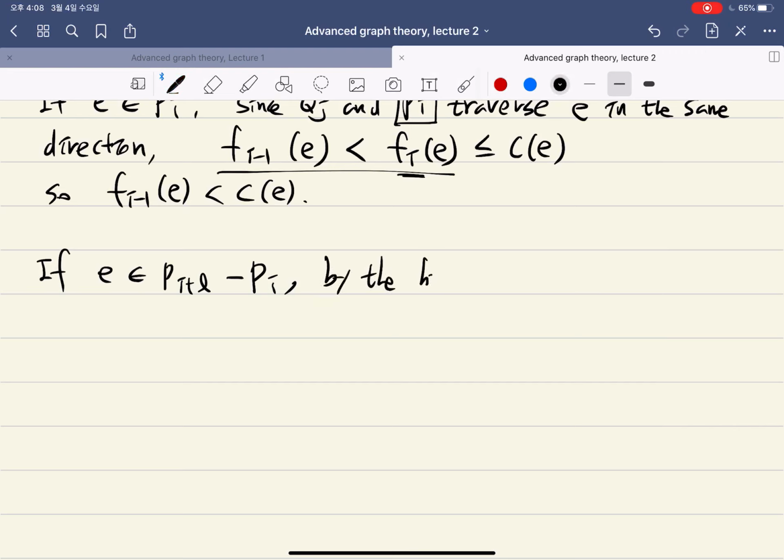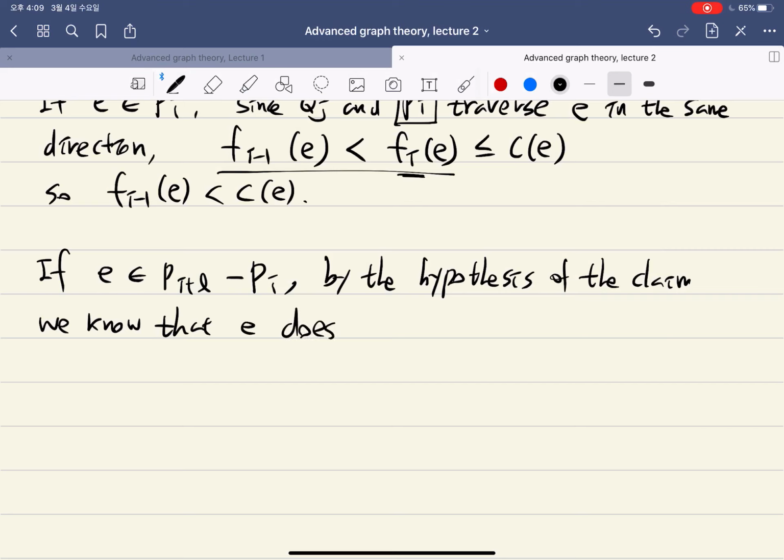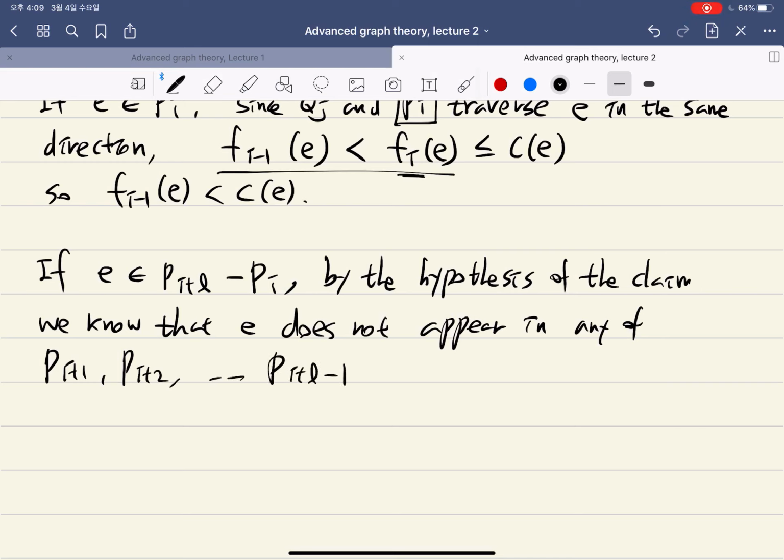By the hypothesis of the claim, we know that e does not appear in any of pi plus 1, pi plus 2, up until pi plus l minus 1.